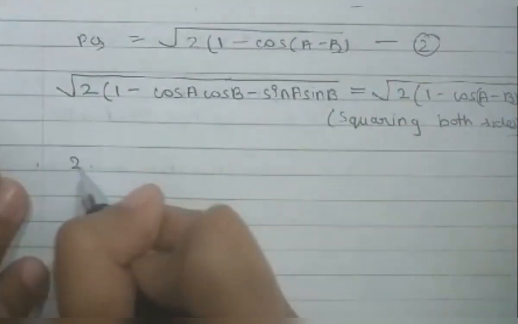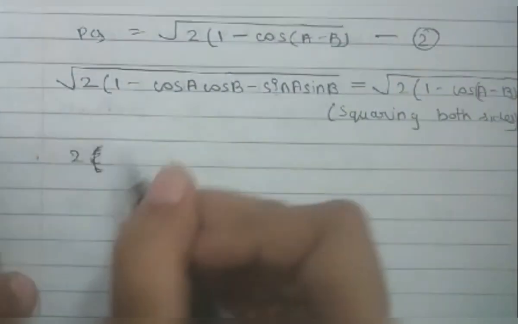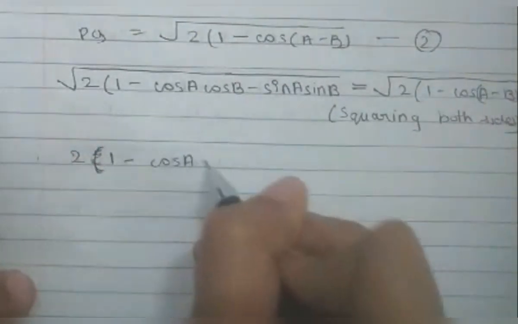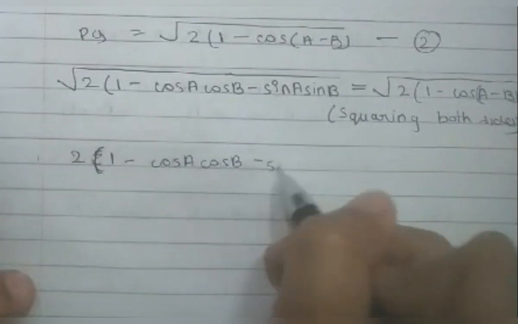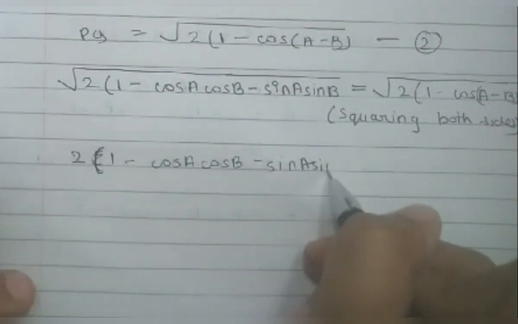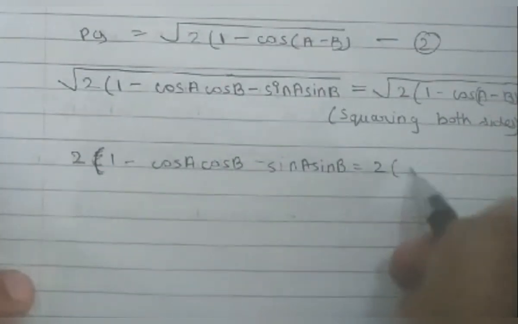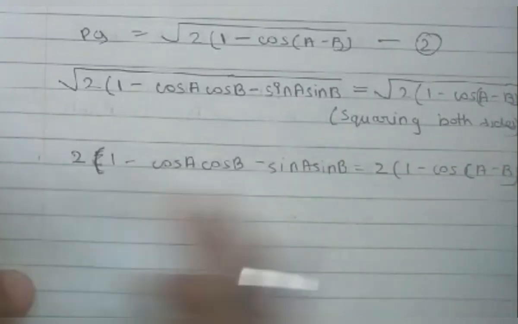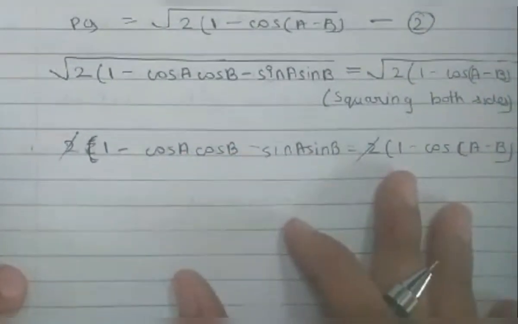So it would be 2 into 1 minus cos A cos B minus sin A sin B, and here it would be 2 into 1 minus cos of A minus B. So 2 is on multiplication, so it will get cancelled because it is common on both sides.